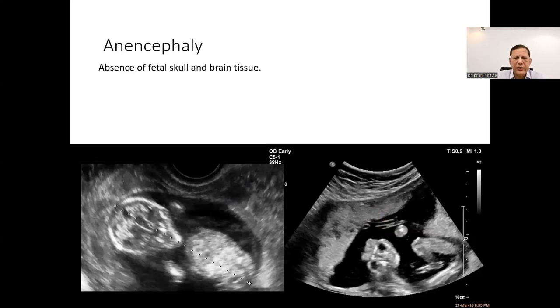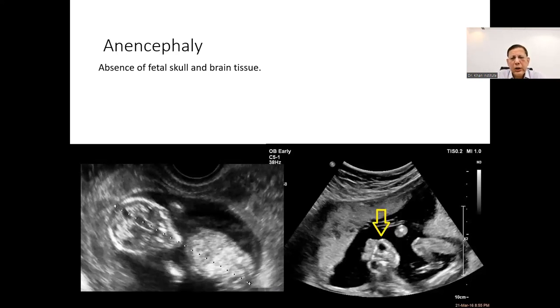Only a part of the brain, the cerebellum and midbrain, is present. So as soon as the baby is delivered, after birth, the baby cannot survive.